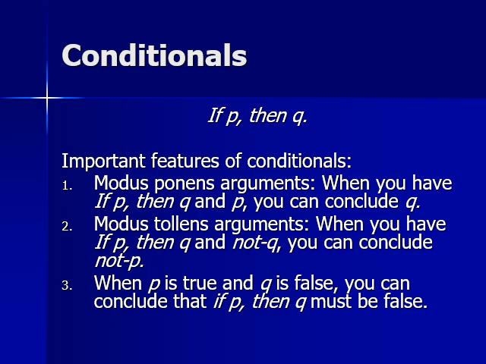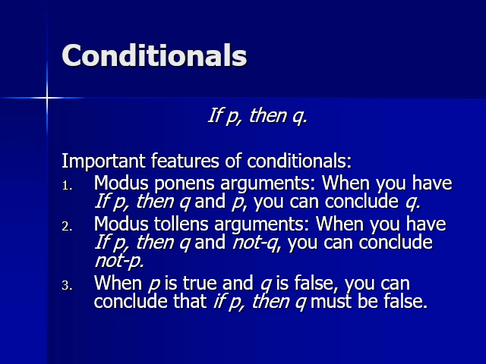So Q is false, the consequent. Well, when the antecedent is true and the consequent is false, then it must be the conditional that is false. In other words, if P then Q will turn out to be false. All of those are features of ordinary conditionals, the kind of conditionals that we use in everyday language.